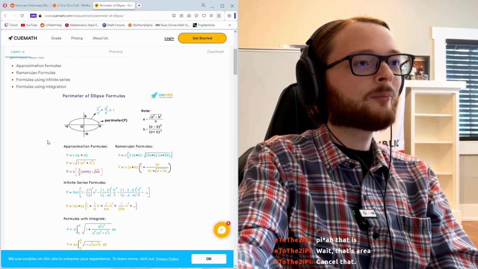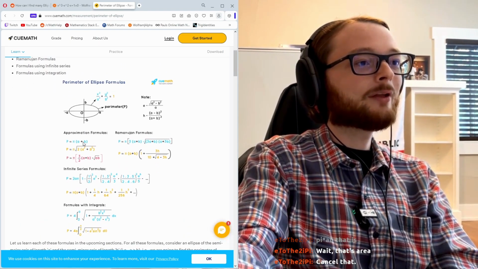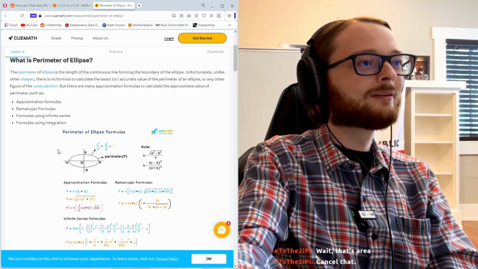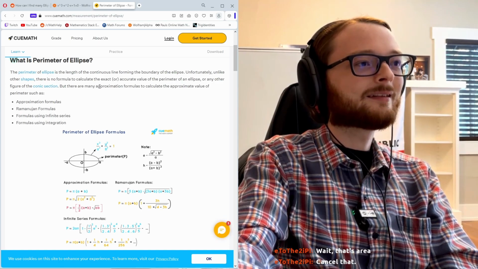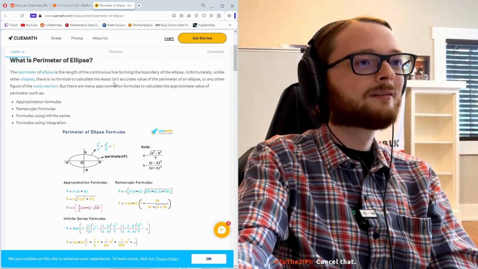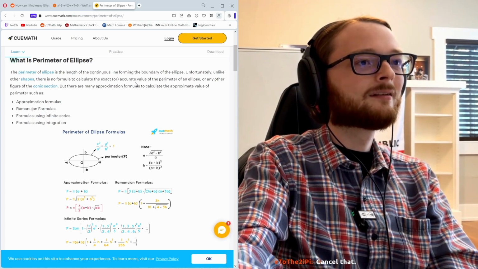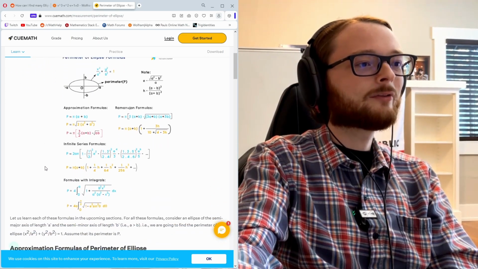Wow, that's not as simple as I thought. It says pi times a plus b as an approximation. I didn't know that ellipses were that hard. You can use calculus for it, though.